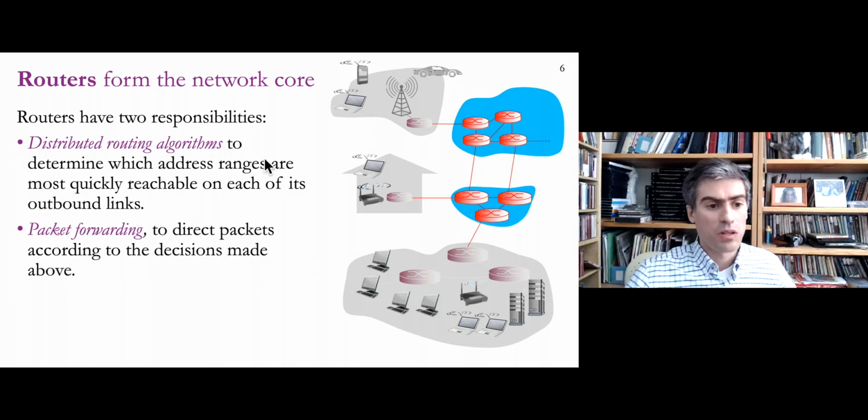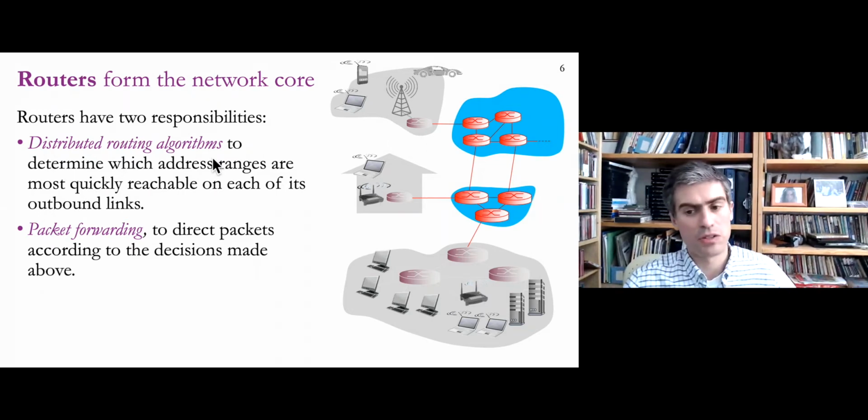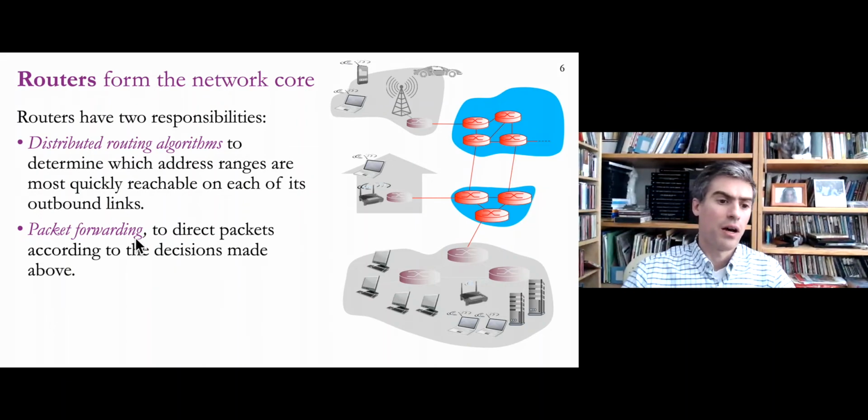We sometimes call that the control plane in IP. Once those distributed routing algorithms run and come up with solutions to the best paths, the best routes to take to reach different destinations, the routers follow those rules that were decided by the distributed routing algorithms in forwarding packets.